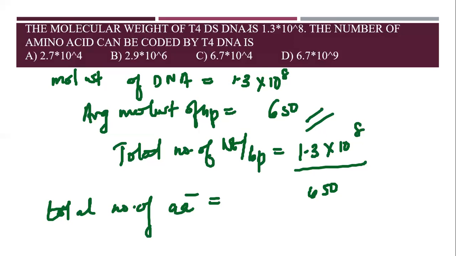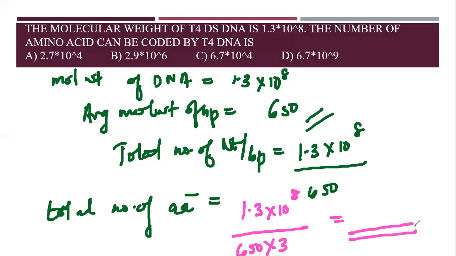Yes, how much will it be then? Simple. 1.3 into 10 raised to 8 divided by 650, divided by 3. Correct? Now, whatever number you get is the answer. Let's see how much it is so that you don't get confused. 1.3 into 10 raised to 8, divided by 650, divided by 3.